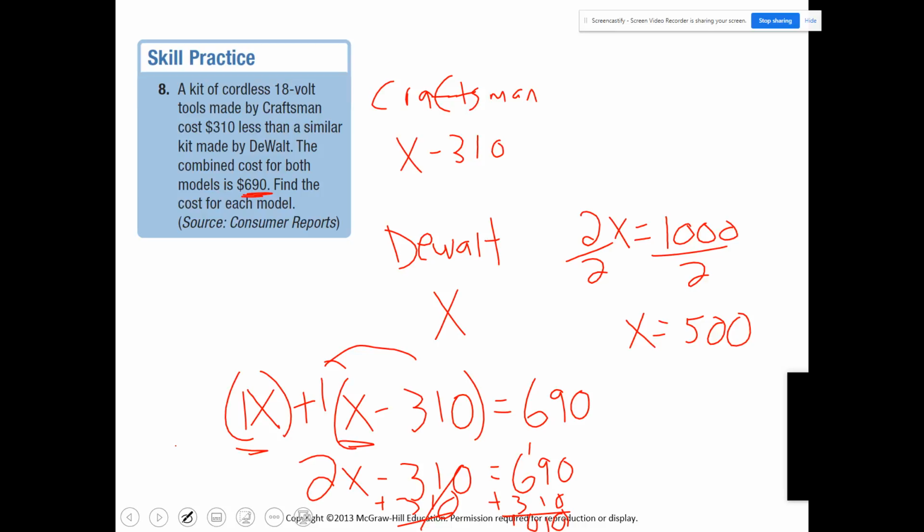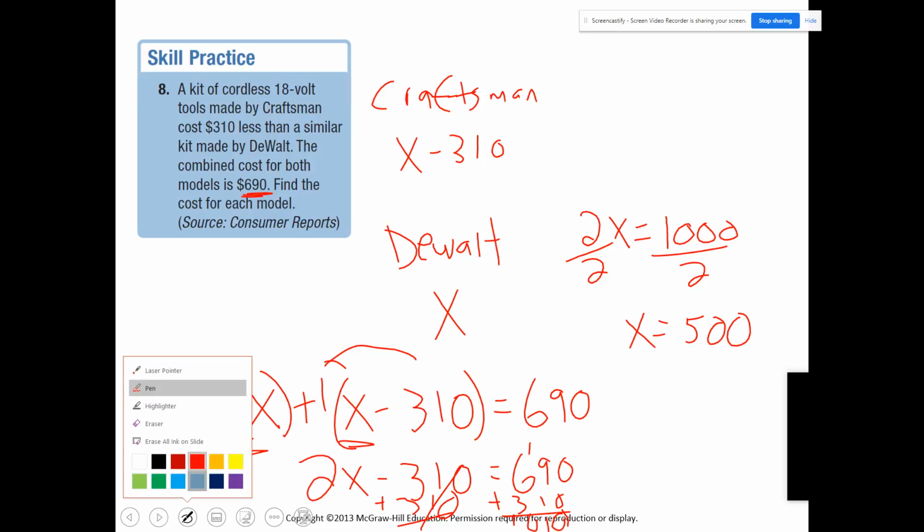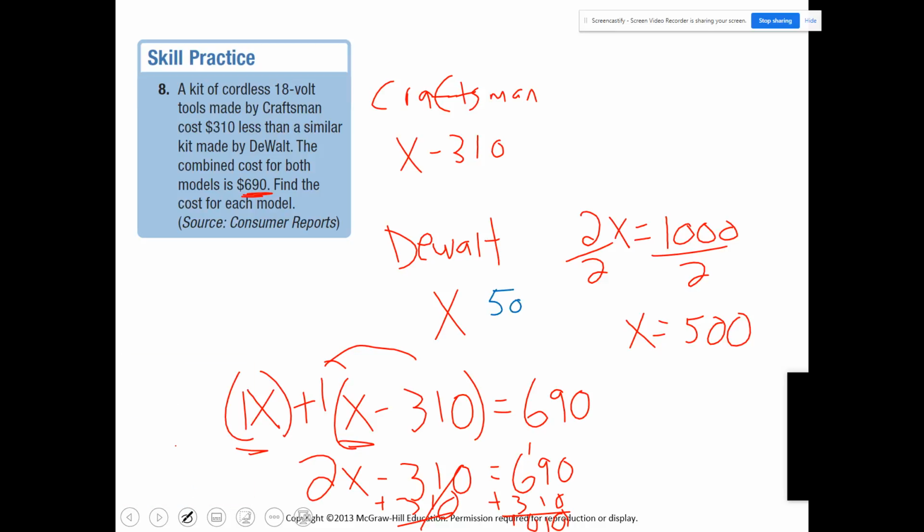So what did I just find? We found the DeWalt, the more expensive one. But it says find the price of both. So if this is 500 and the Craftsman is 310 less than the DeWalt, let's see how much the Craftsman one is.